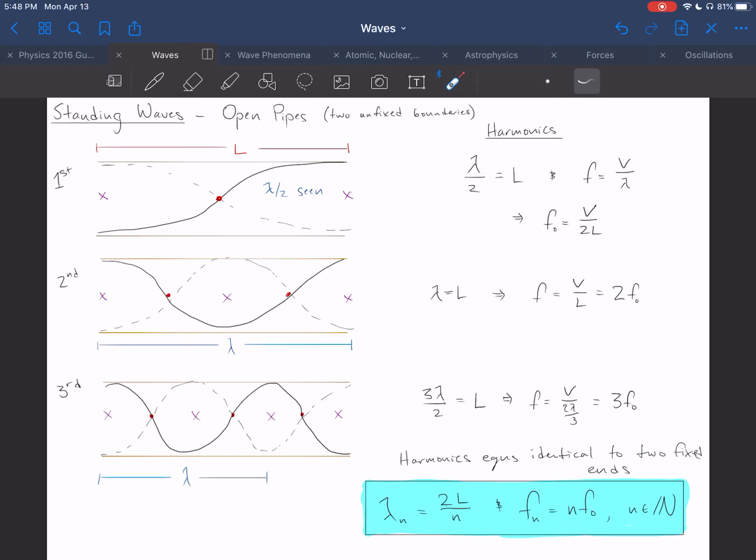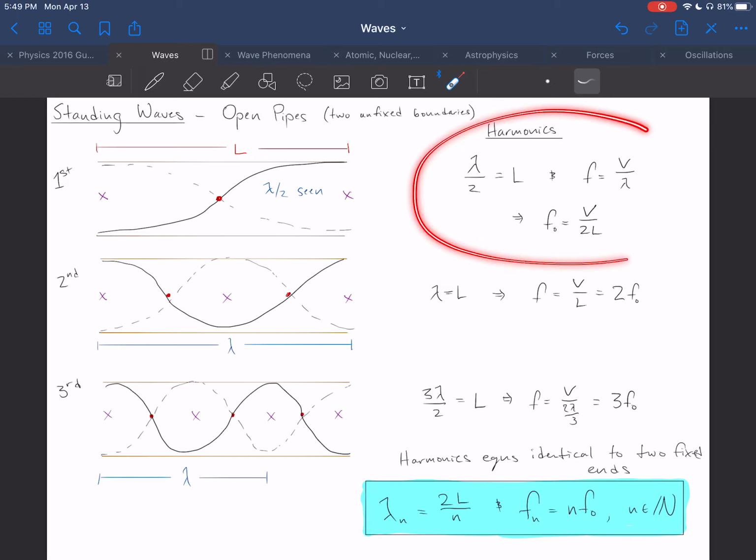So we take a look at this diagram and we observe we go from one side fully to the other, but no more, which means we can see exactly one wavelength divided by 2, or half a wavelength. If lambda over 2 equals L and the frequency is v over lambda, then the fundamental frequency is v over 2L.